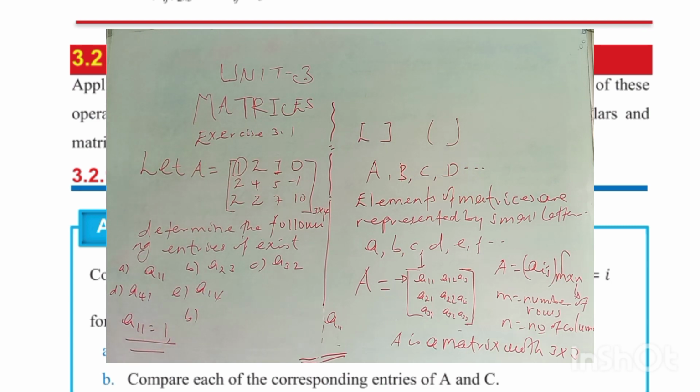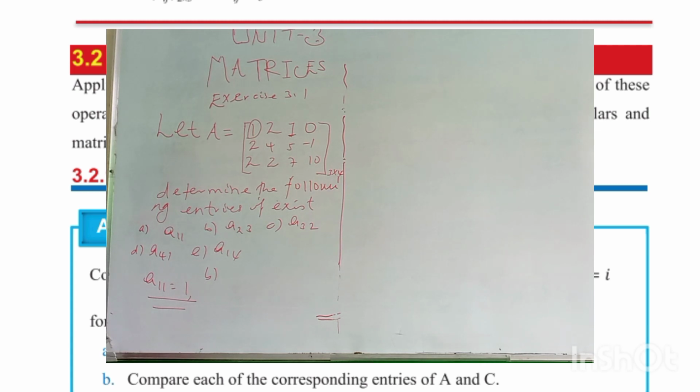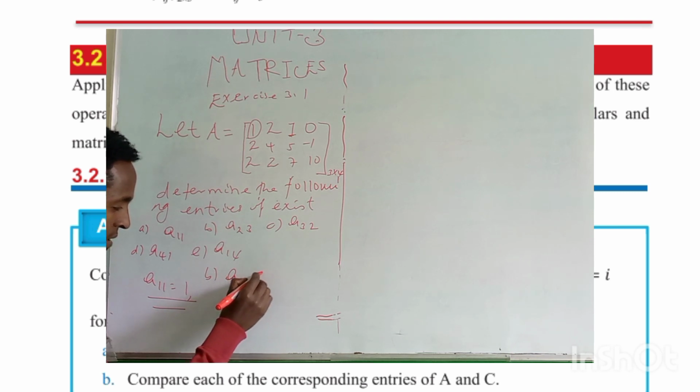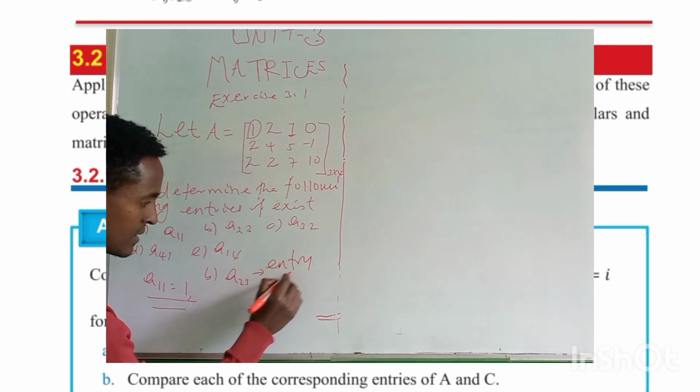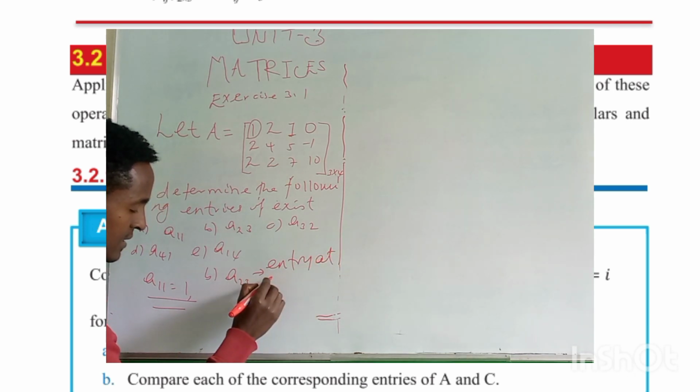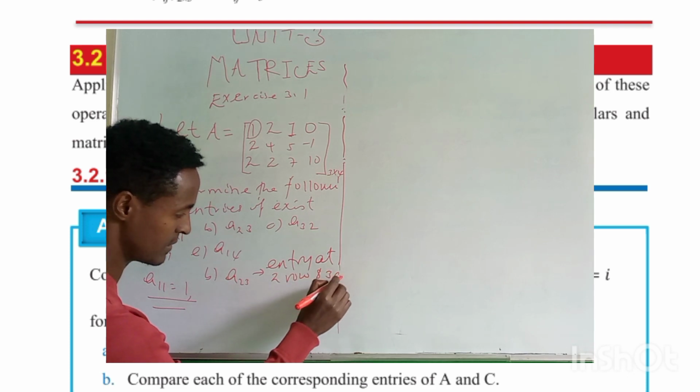When we come to B, the second question is finding the entry A23. The entry 2, 3 means an entry found at the second row and third column.